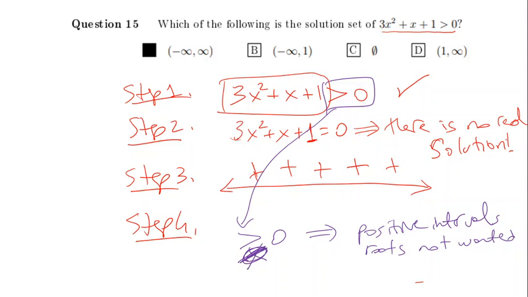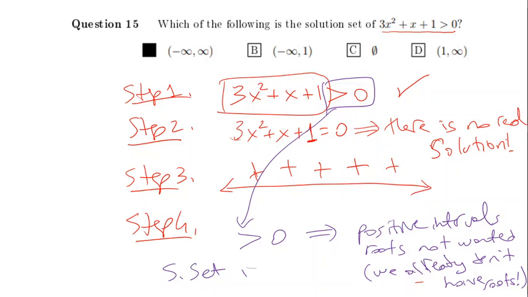Roots not wanted, and we already don't have roots. So there's no problem. So the solution set is indeed all of them, all positive intervals, which is minus infinity to infinity. So this is A.